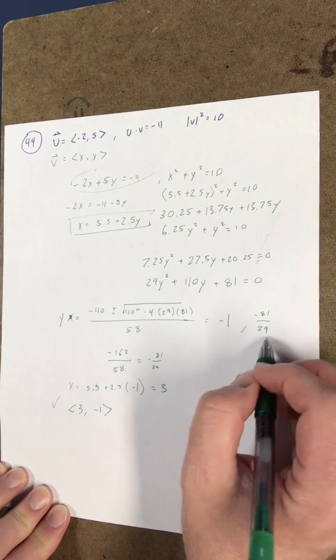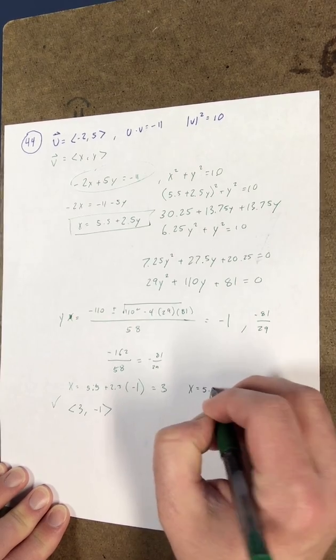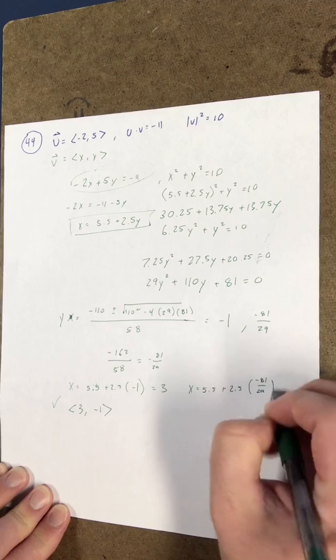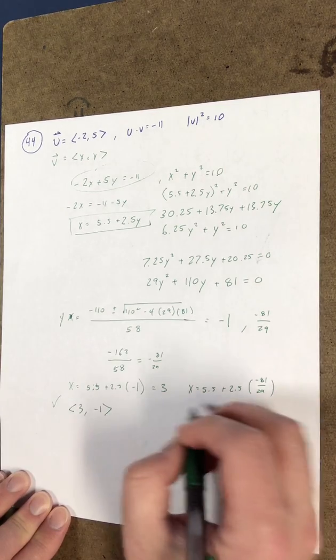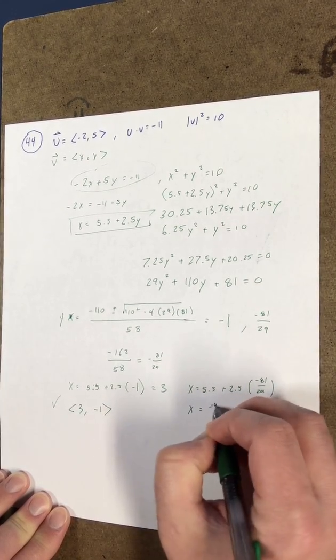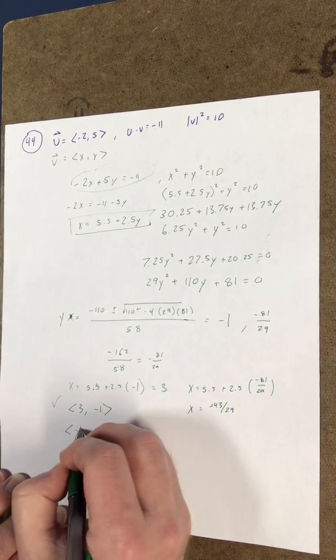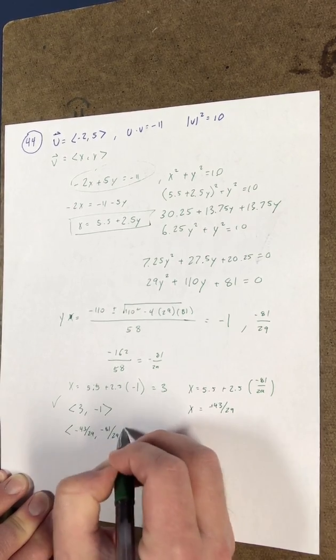Now as far as negative 81 over 29, let's see what happens when we plug that in. And I get negative 43/29. So that means another vector is negative 43 out of 29, comma negative 81 out of 29.